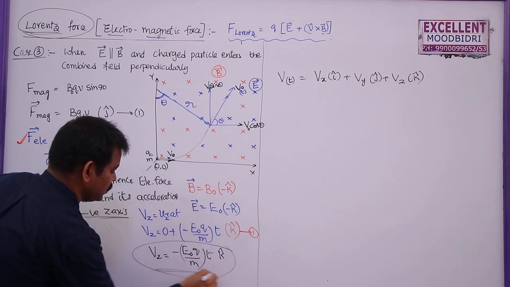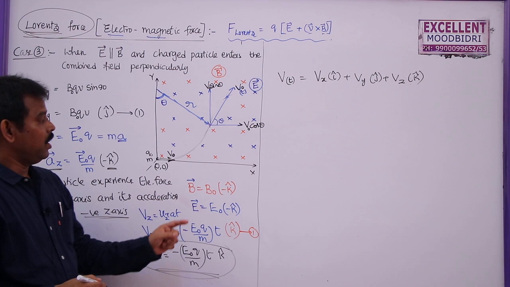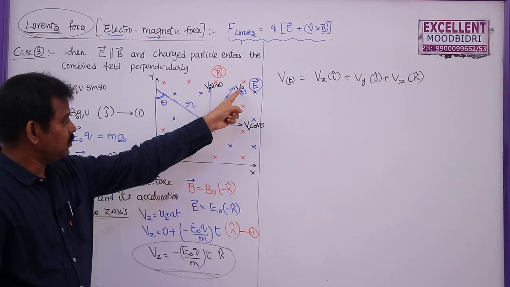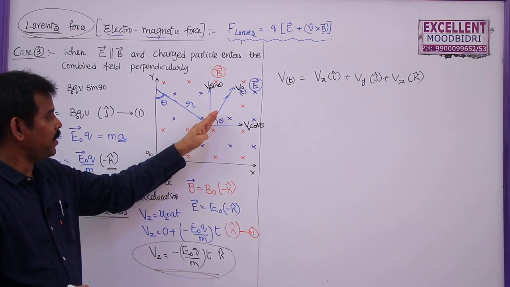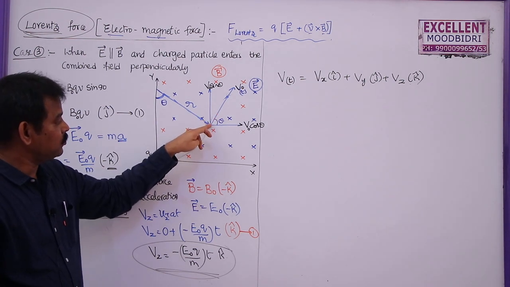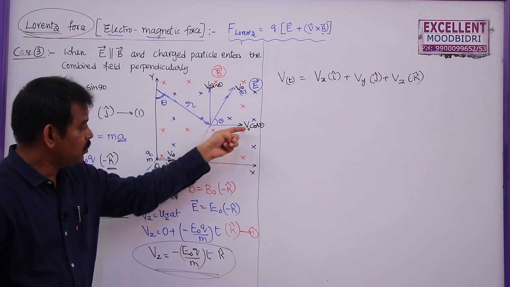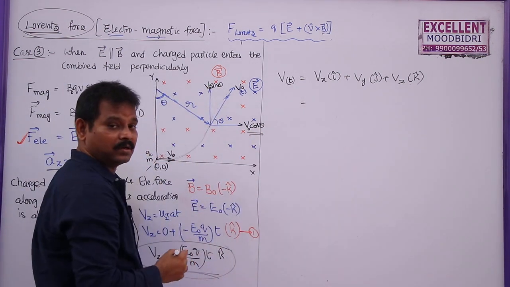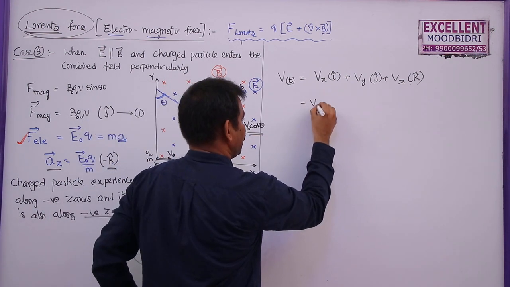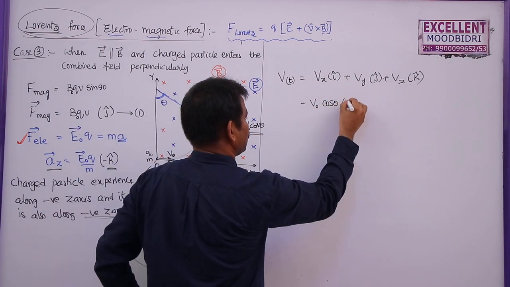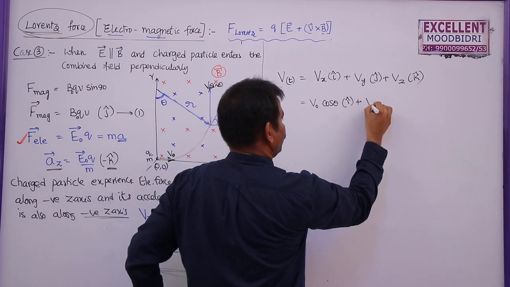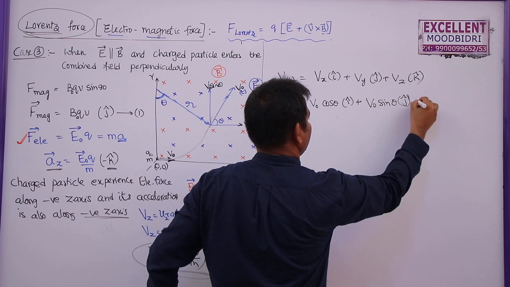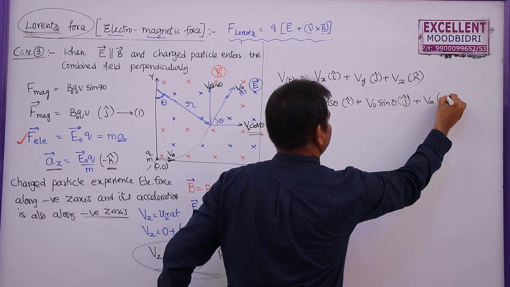This is the velocity along the z axis due to the electric field, and the velocity due to the magnetic field is v naught, because the direction will change but the magnitude will not. At this point, the magnitudes of the velocity along the x axis and y axis are v naught cos theta and v naught sin theta. So Vx is v naught cos theta i cap, v naught sin theta j cap, plus Vz k cap.